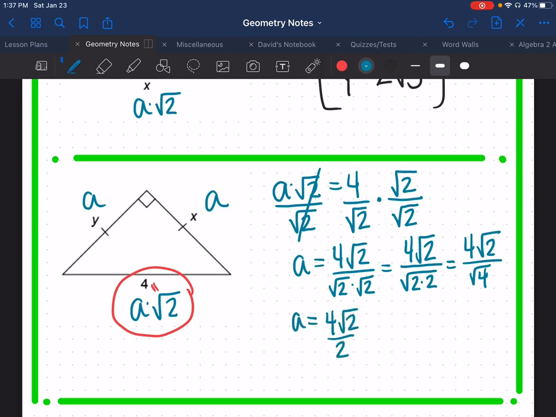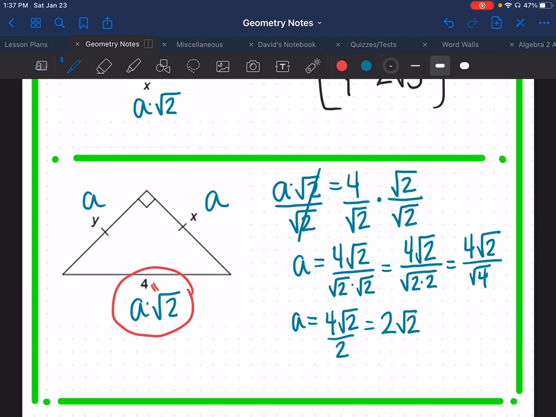This right here is equal to 2. And then I know that 4 divided by 2 is really just 2. And then the square root of 2 doesn't go anywhere. So A is equal to the square root of 2.